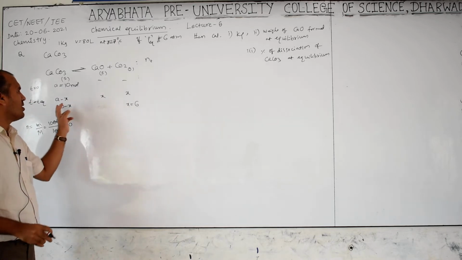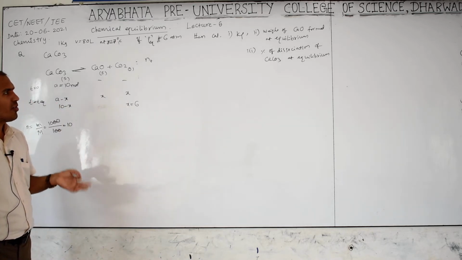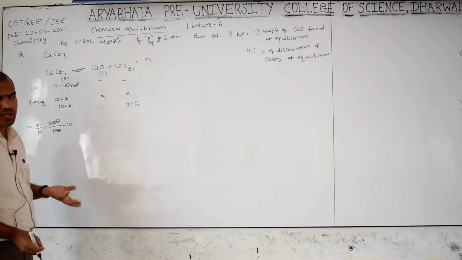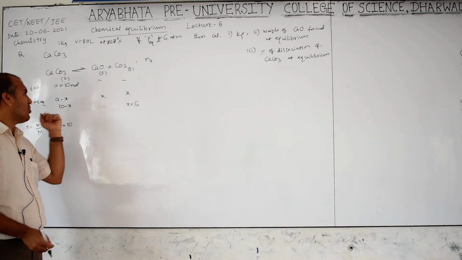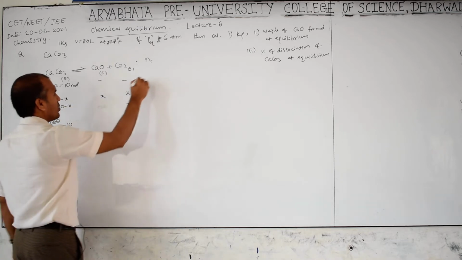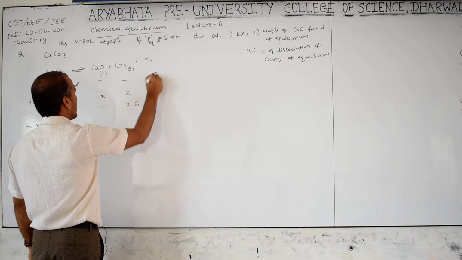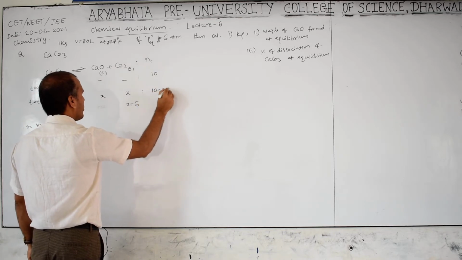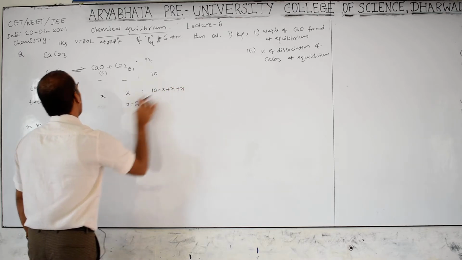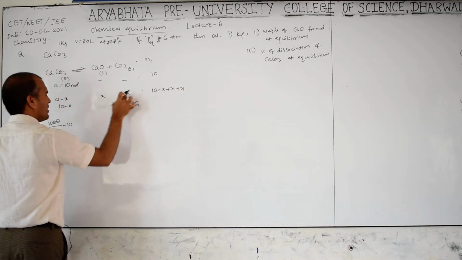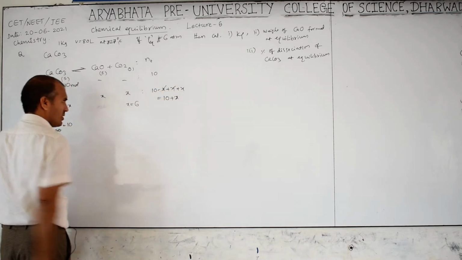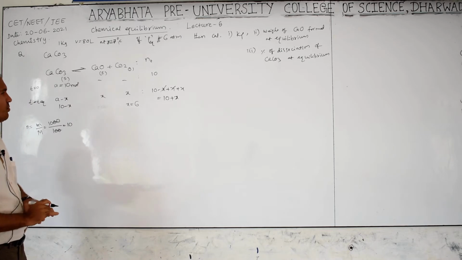If you do not know this, then you do 10 minus X plus X plus X, so N total is 10 minus X plus X plus X, one X cancels, therefore 10 plus X.